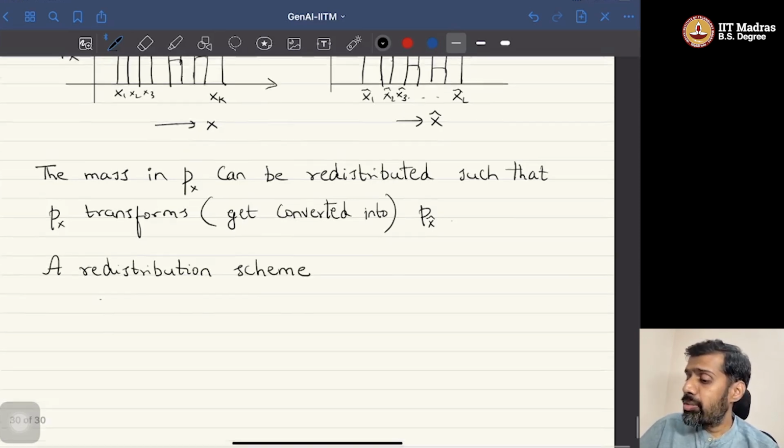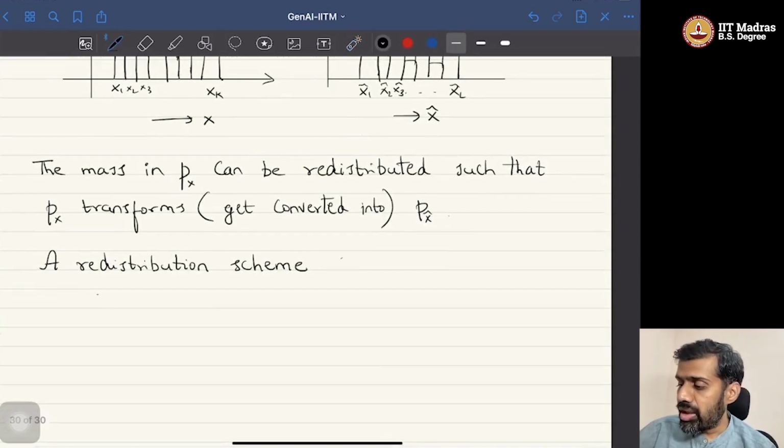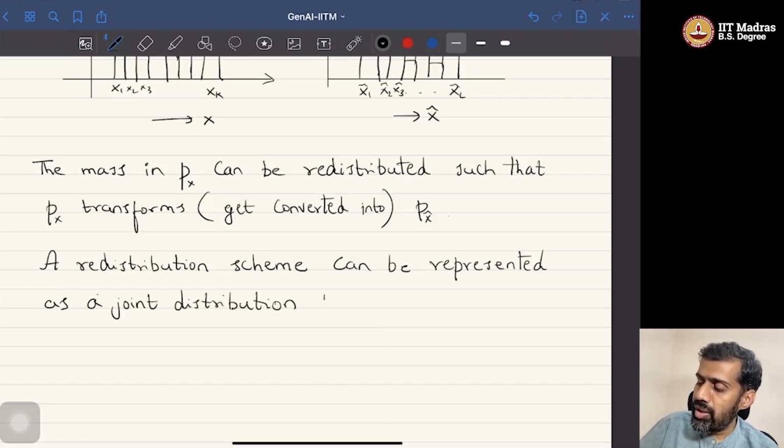What do we mean by a redistribution scheme? I want to say how much mass has to be taken from x1 and where all it has to be distributed, you take the mass that is there in x2 and where all it is to be distributed, and so on. So every redistribution scheme can be represented as a joint distribution between P_X and P_X cap, right?